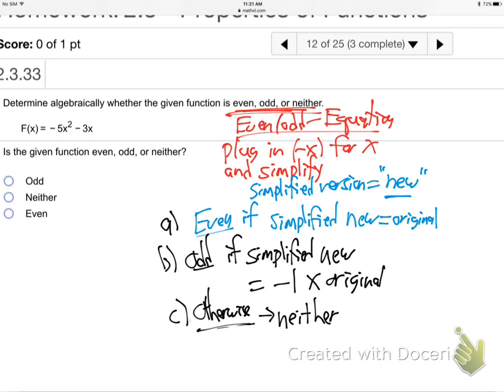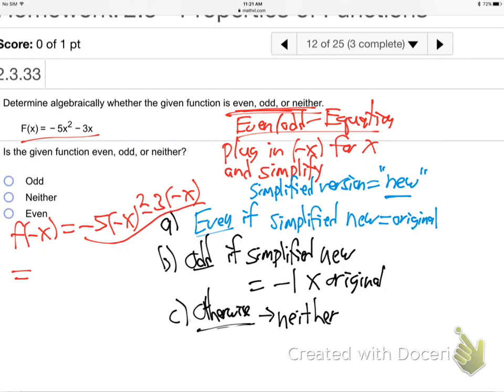So let's do it on this one. Let's try the plug-in thing. I'm going to take the function they gave me right here, and I'm going to plug in negative x everywhere we've got x. Equals. So there's negative x plugged in.